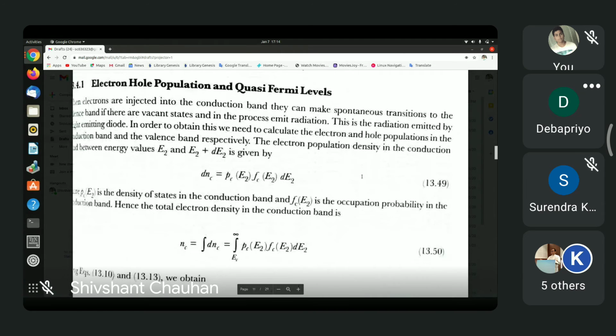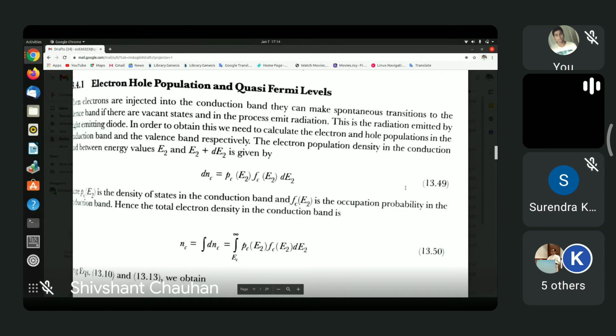Yeah. So here they are calculating the electron and hole populations and quasi-Fermi levels. We have noticed that lasing action takes place if EFC, which means EF is the Fermi level, C stands for conduction band.